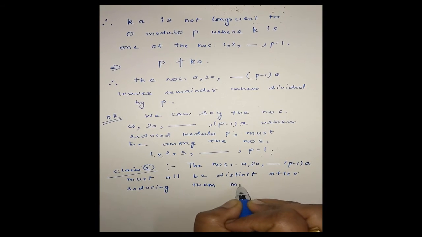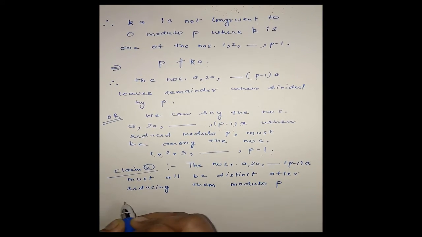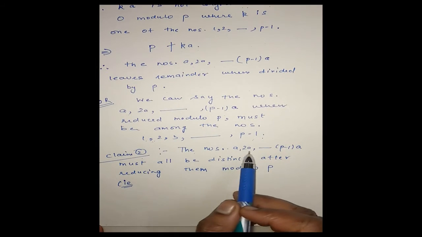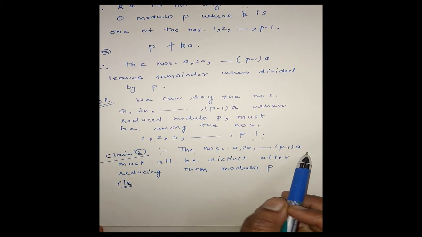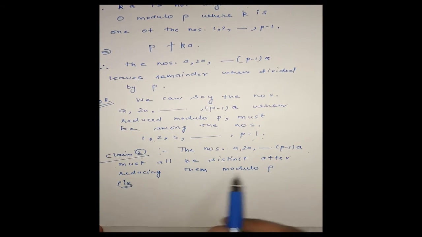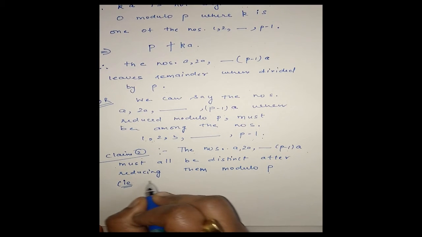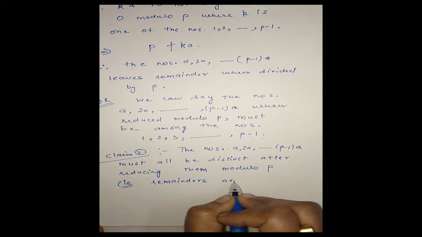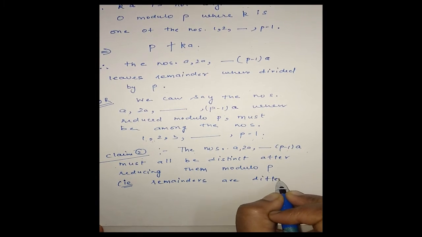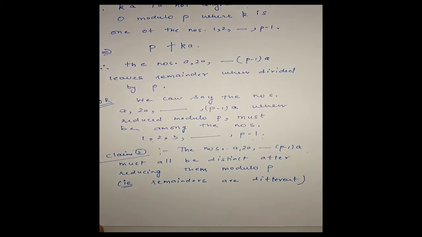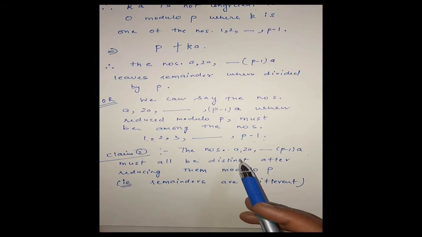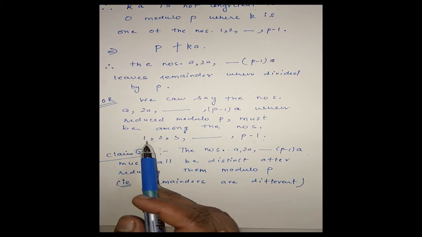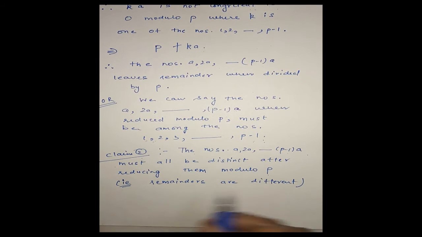In other words, the remainders are different. That is, we are going to prove that on dividing by p, these numbers will leave different remainders, and the remainders are among 1 to p minus 1. That is our next claim. Clear?